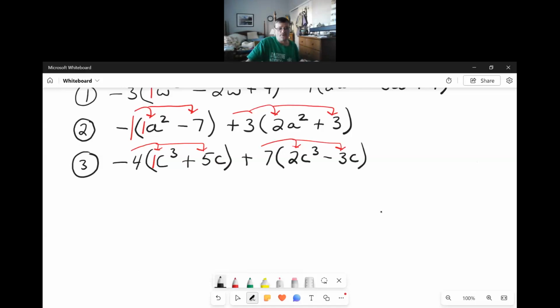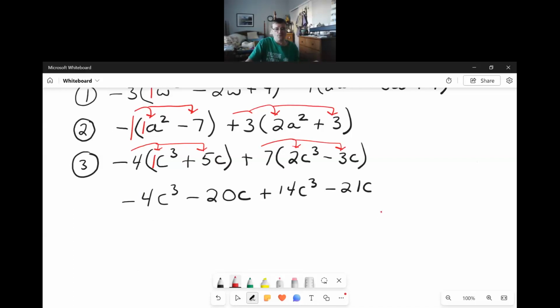Negative 4 times positive 1 is negative 4c to the third power. And then negative 4 times positive 5 is negative 20, automatic negative. Negative 20c. Now for the next one, 7 times 2 is plus 14c to the 3. And then 7 times negative 3 is negative 21c.